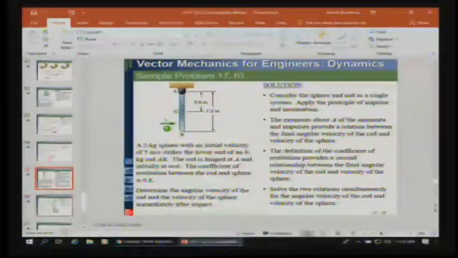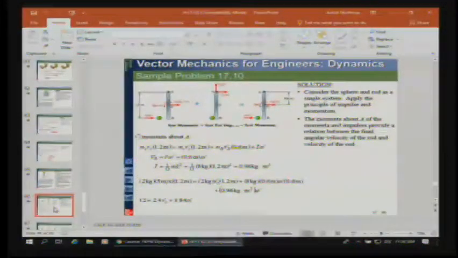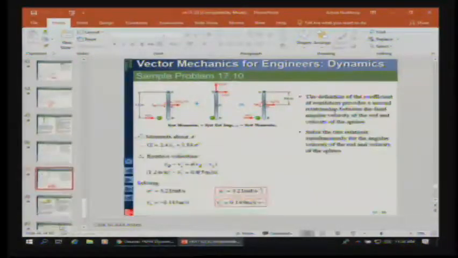All right, so when we go through the problem set, we set it up exactly the same way. We take moments about A. We need to include the moment of the momentum about the mass center, which is this term, and the I bar omega prime, which is the rotational piece. And going through that, we can't solve directly for either omega or velocity, so we need some more equations.